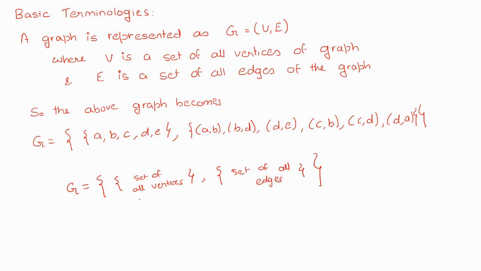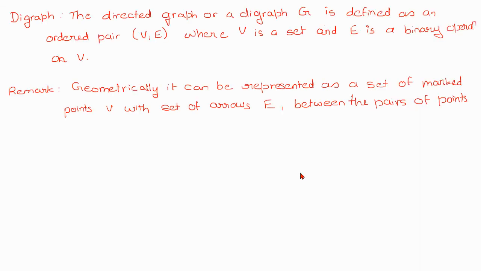There is the set of vertices first, comma, the set of all edges, and they should be separated by these brackets, and they both together should be covered in these curved brackets. Okay, so this chapter is really very simple and we are just going through the basic terminologies.